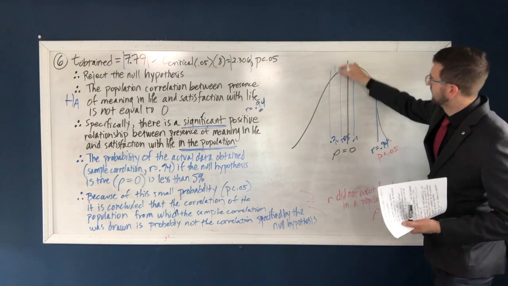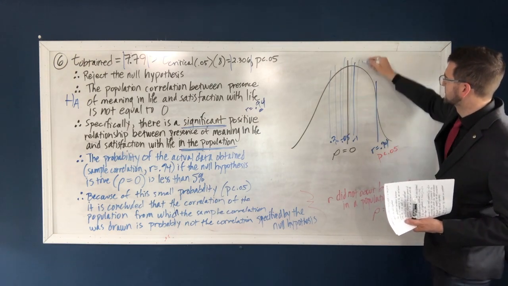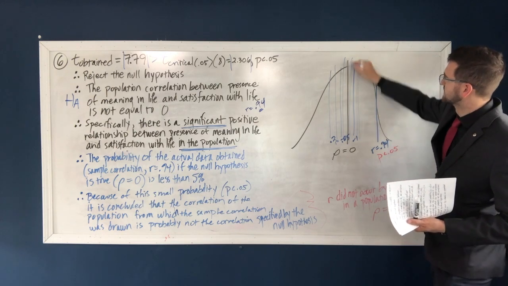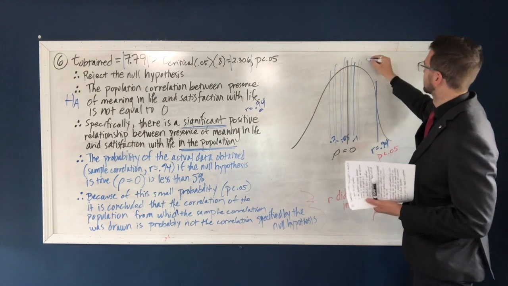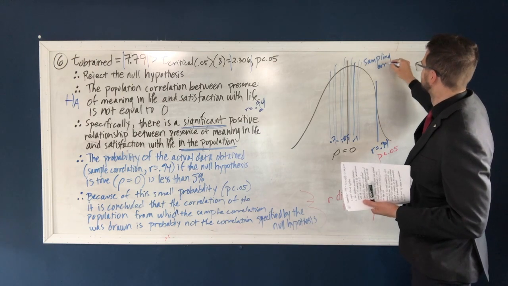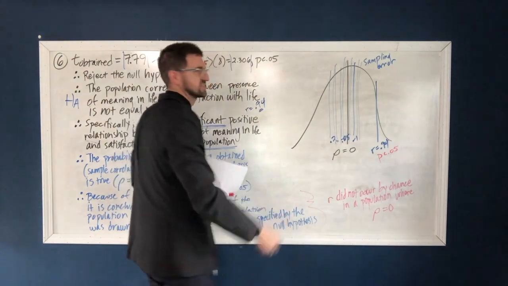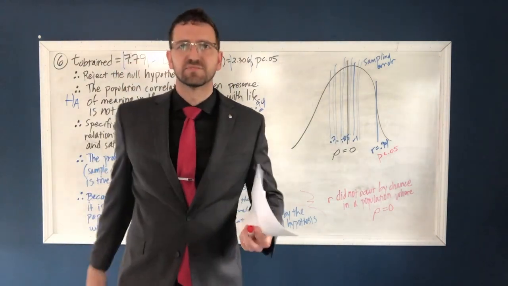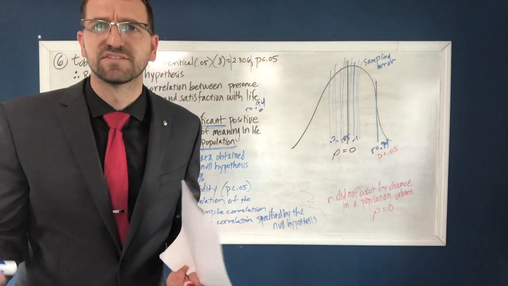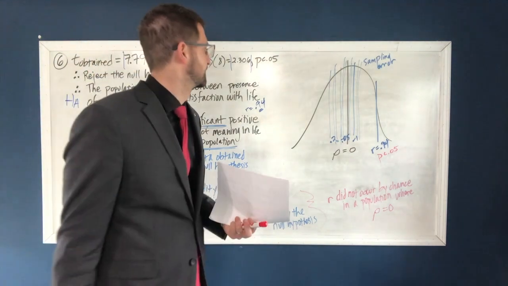So we would likely get sample values that kind of cluster pretty close to the population correlation. And this is called sampling error. Simply what sampling error is: when we sample from the population, we're not going to get the exact population value, but we can expect to get, usually, somewhere close to it.